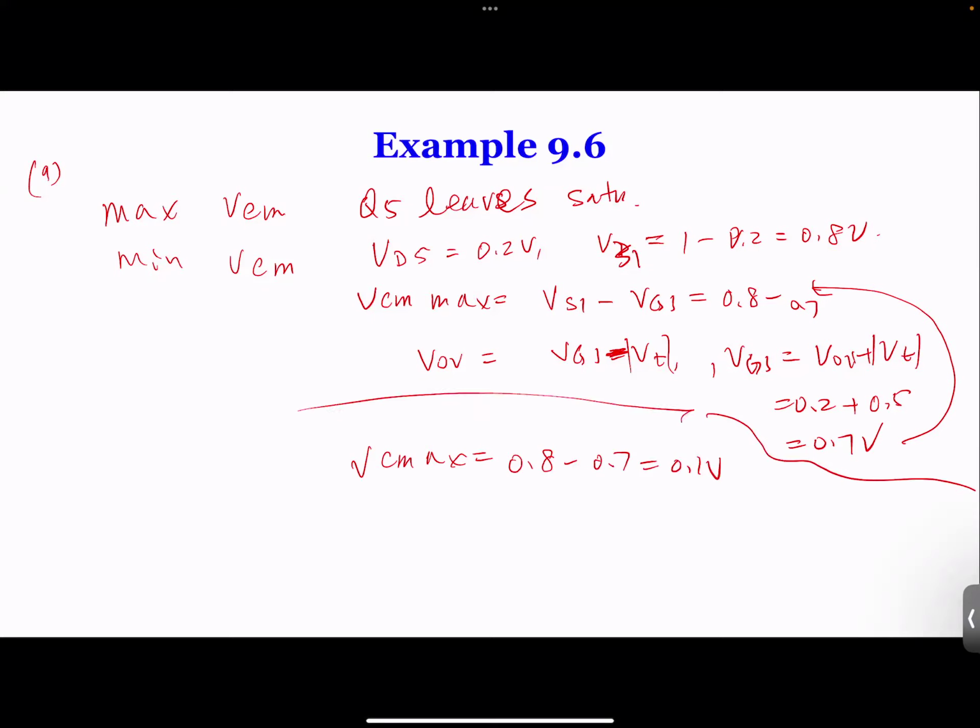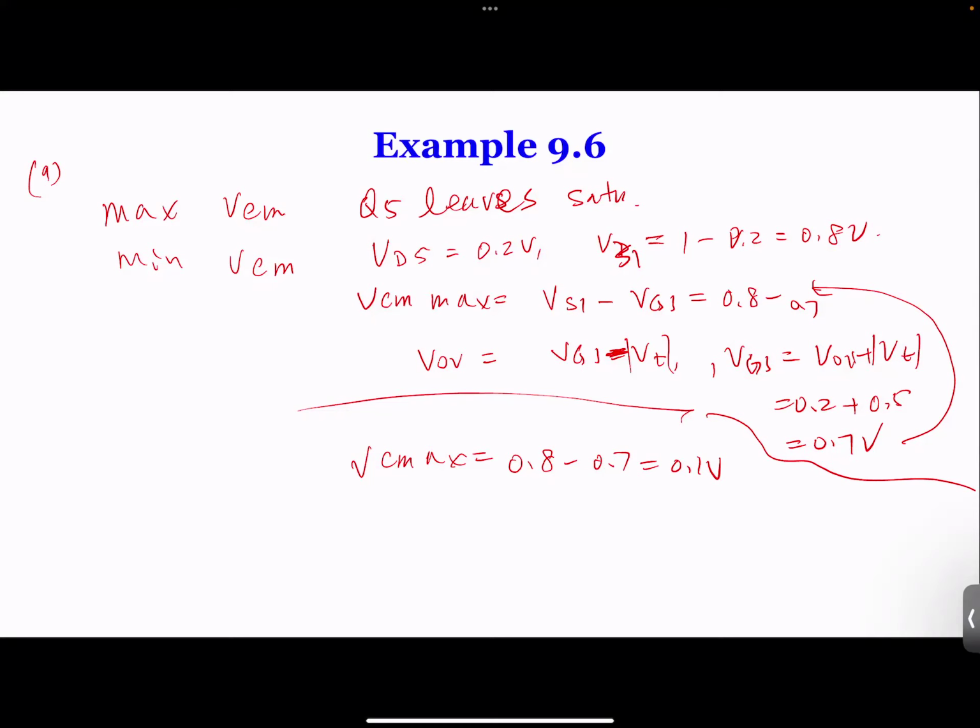That's what we get for the common mode max, 0.1. What's interesting is that we're looking at maximum input. If your input exceeds 0.1 volt, the circuit will no longer amplify, because Q5 is no longer providing the current source needed to bias the circuit.